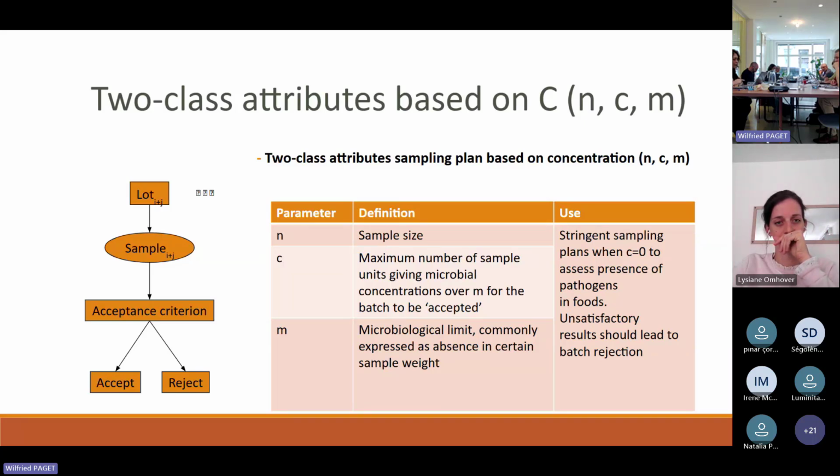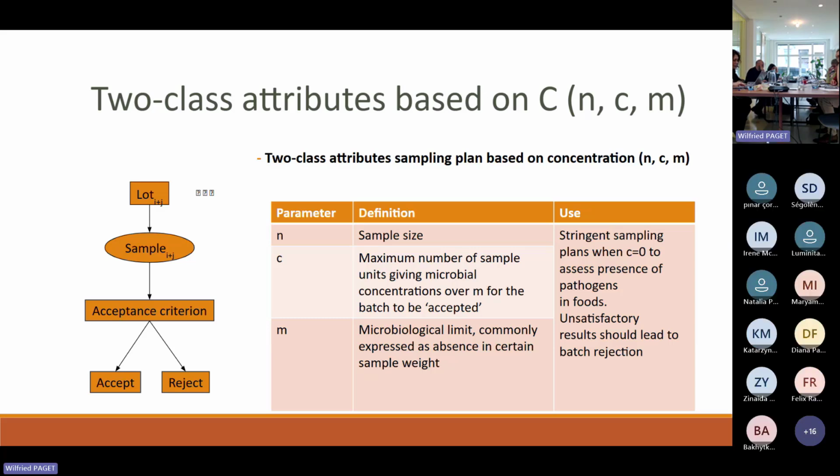Yes, but here you can ask me, why do you have a microbiological limit? CFU per gram is not binary data, it's concentration data. What happens is that the 2-class attributes categorize the data into acceptable and defective.